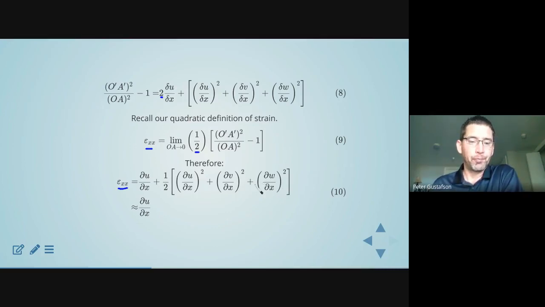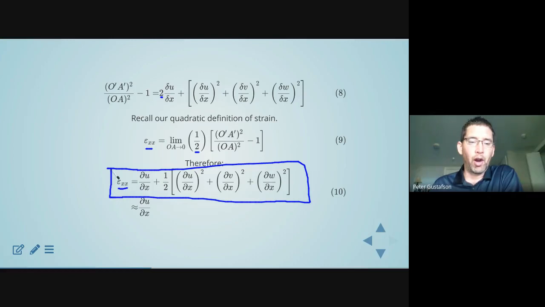Now, the box that I'm drawing now is the complete expression for our higher order tensor epsilon xx, the normal strain in the x direction. That's the complete expression.